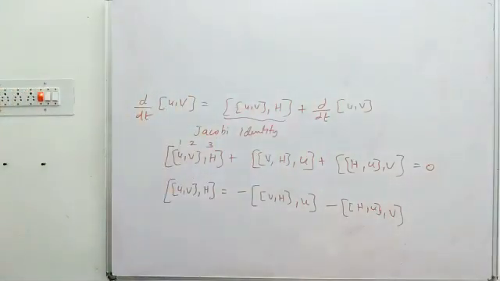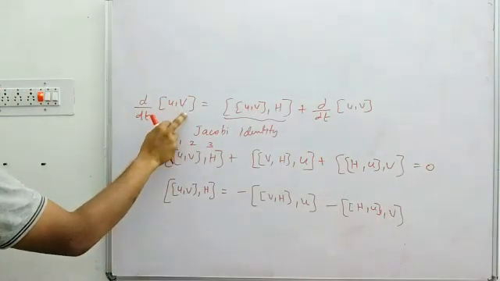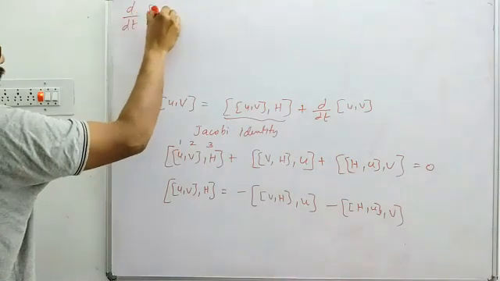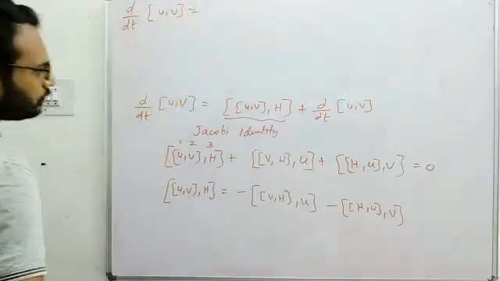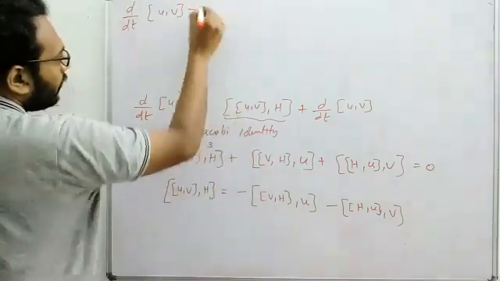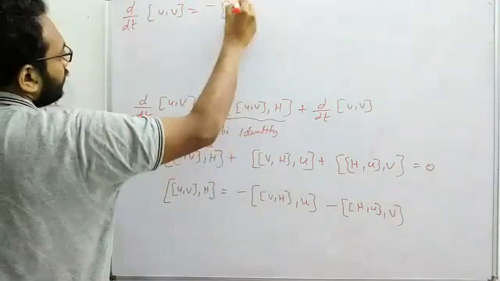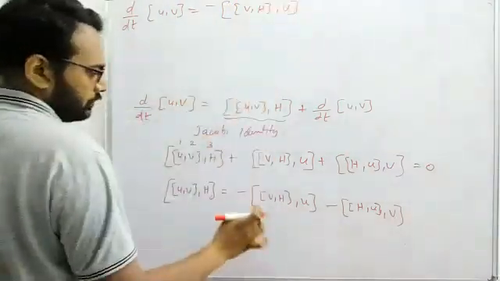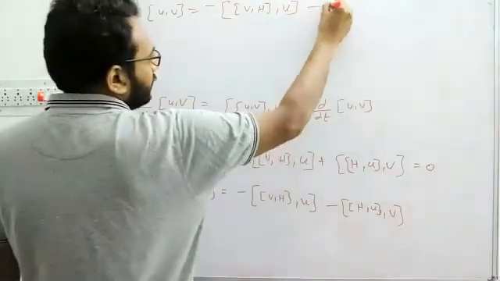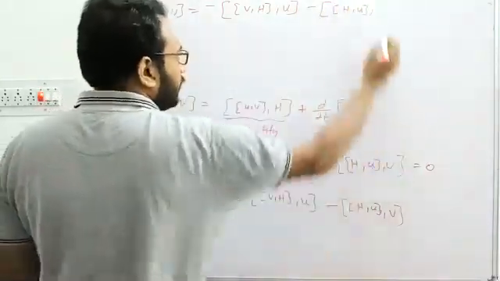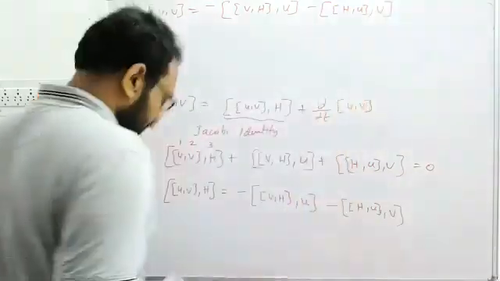Now we substitute it back here. What we need to find is d by dt of {u, v}. Instead of {{u, v}, H}, we have minus {{v, H}, u} minus {{H, u}, v}.